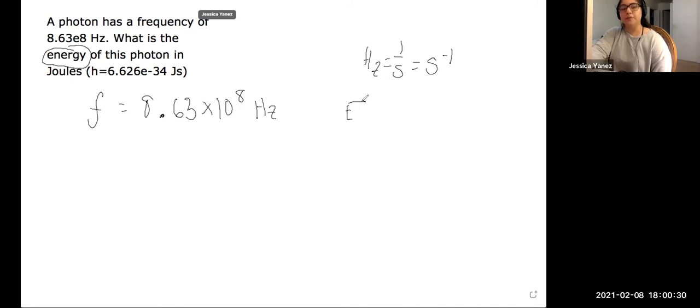Given the information, what equation will we be using? Because they also give you the constant, right? h is equal to 6.626 times 10 to the -34 joules times second. So what equation can we use in order to find what we want to find?